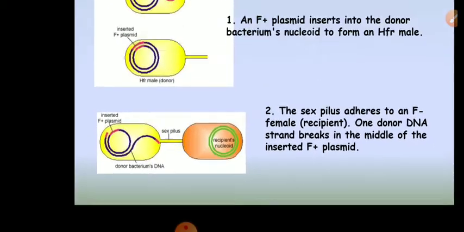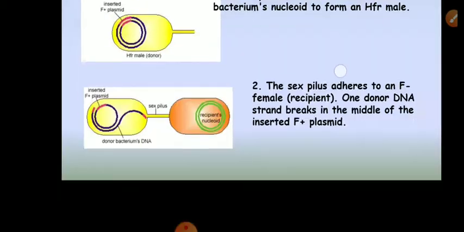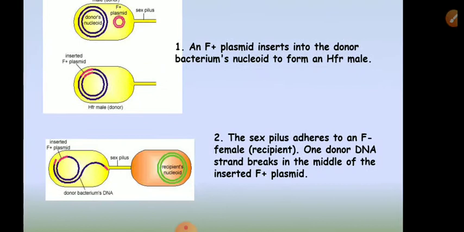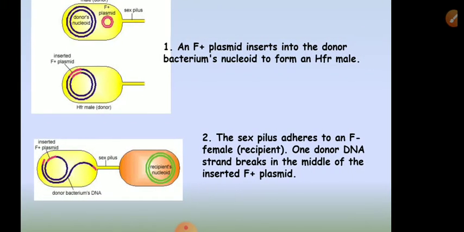In the second diagram, the HFR cell crosses with an F minus cell. Out of the two strands, one strand breaks. You can see that the outer strand has broken, and through the conjugation bridge, the outer strand goes to the recipient cell, that is the F minus cell.